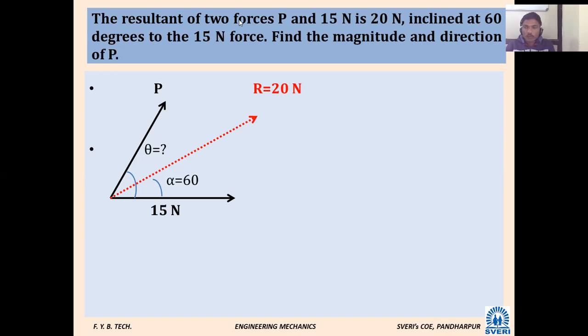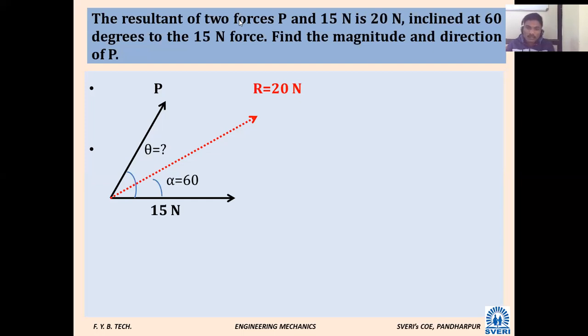What is the difference between this problem and the earlier problems we have solved till now? What were we supposed to find in all the earlier problems? We were supposed to find the resultant and direction.